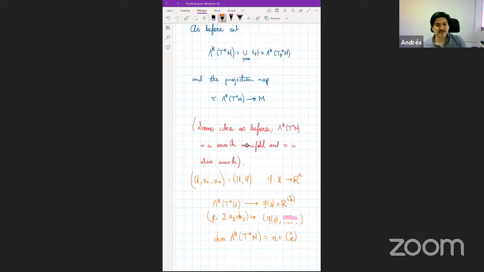You have it like this. And again, it makes sense because you have n parameters to move along the manifold and n choose k along the fiber, the vector space. So that's the dimension of that manifold. Great. So questions?